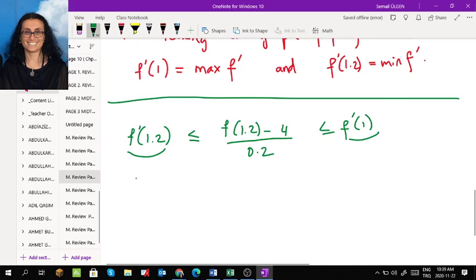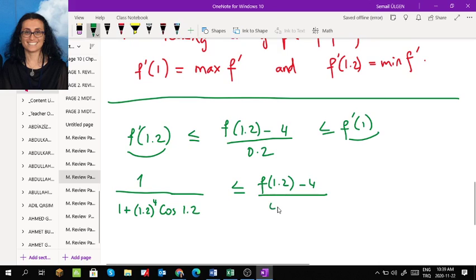So this is 1 over (1 plus 1.2 to the 4th power) times cosine 1.2, less than or equal to (f(1.2) minus 4) over 0.2, less than or equal to f prime at 1, which is 1 over (1 plus cosine 1).